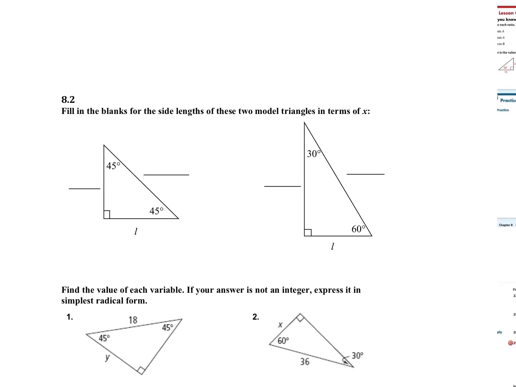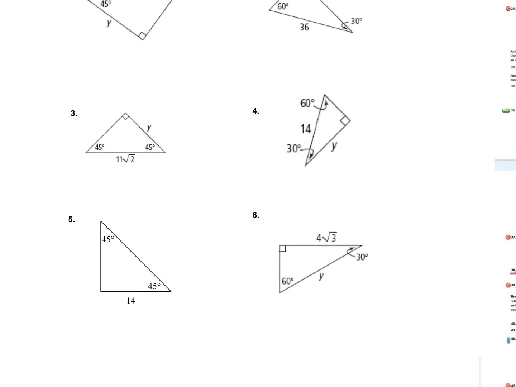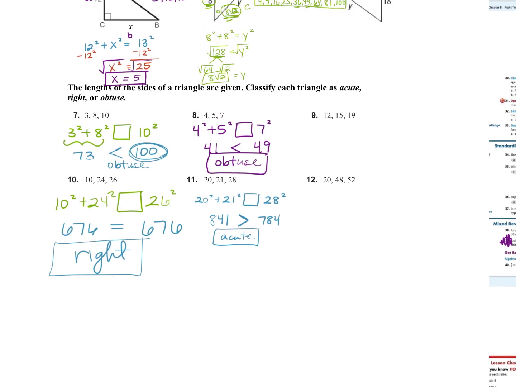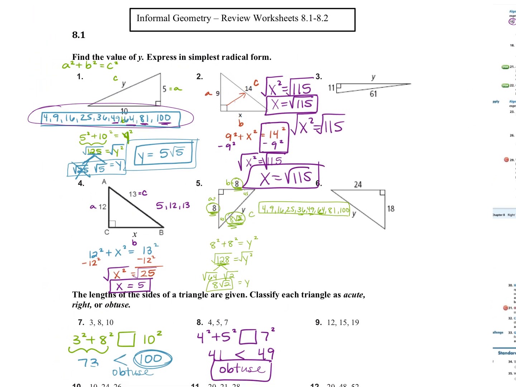I think I can remember these, but I can't remember the formulas very well. It's all the same formula: a squared plus b squared equals c squared. Are you talking about the first page? This entire page is a squared plus b squared equals c squared.